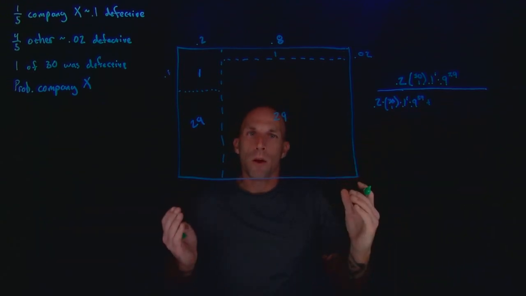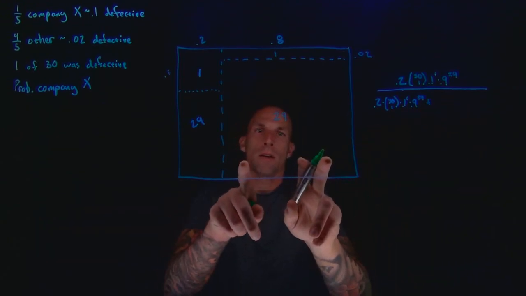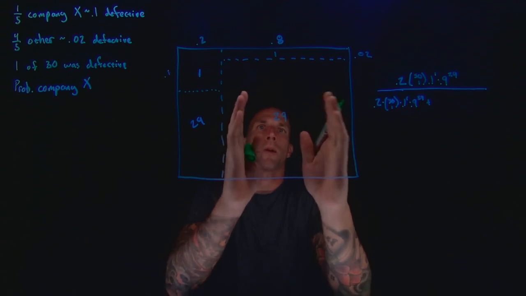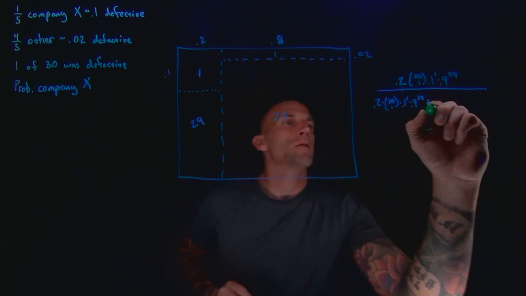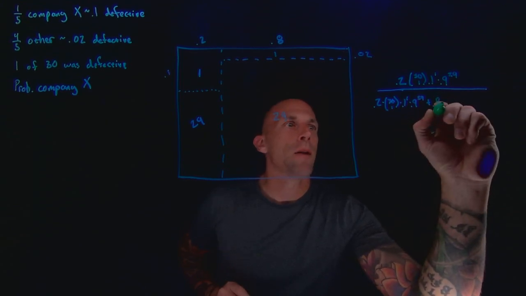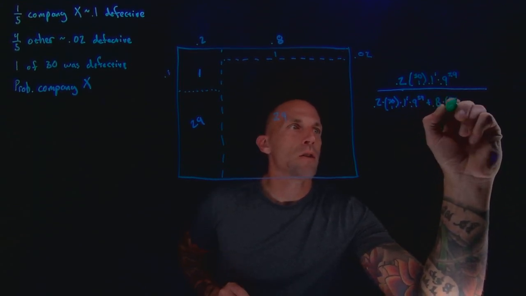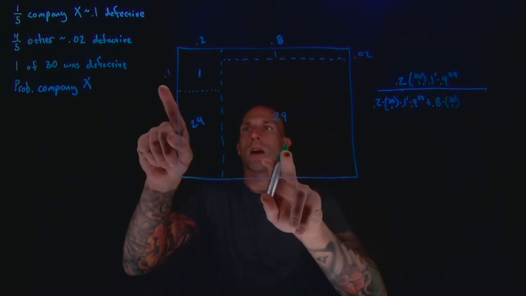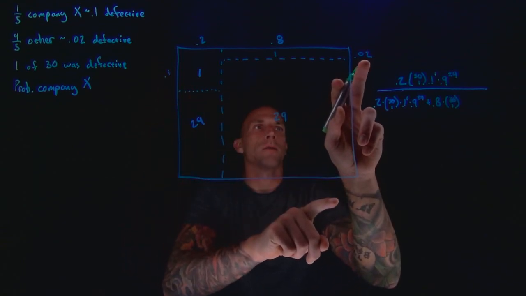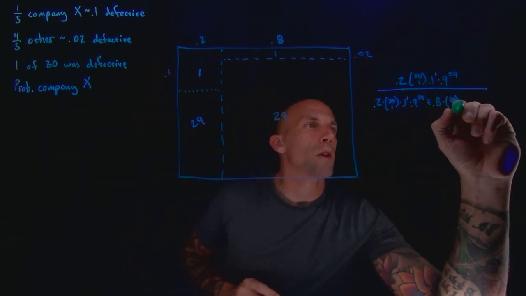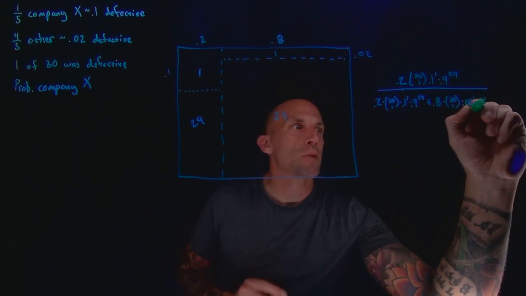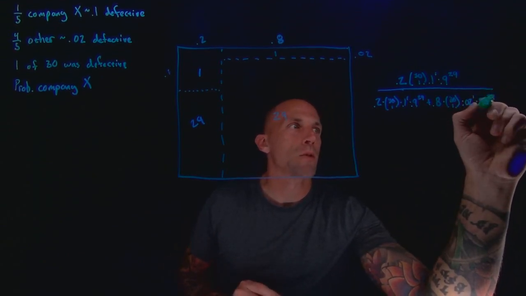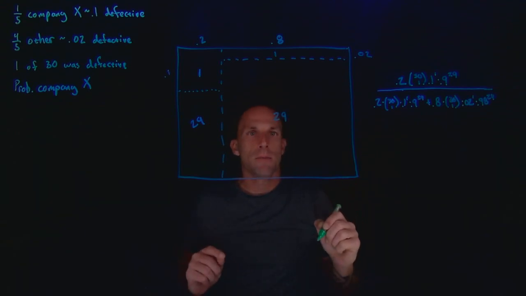But it could be that we are in this situation here, where one of the other companies was selected, and that's where our sample came from. So 80% of the time, that's what's going to happen, times 30 choose 1. And this time, if our defective samples come at a 2% rate, we'll do times 0.02 to the 1, and then 98% of the time, the other 29 samples will be just fine.